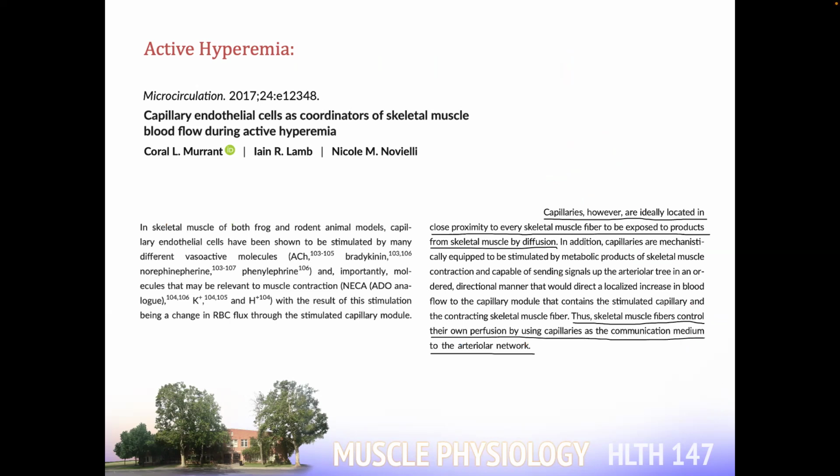And what that means is that skeletal muscle regulates its own perfusion. It doesn't just absorb stuff from the capillaries, it releases stuff to them too. And that stuff uses the capillaries as the communication medium to inform the upstream arterioles.